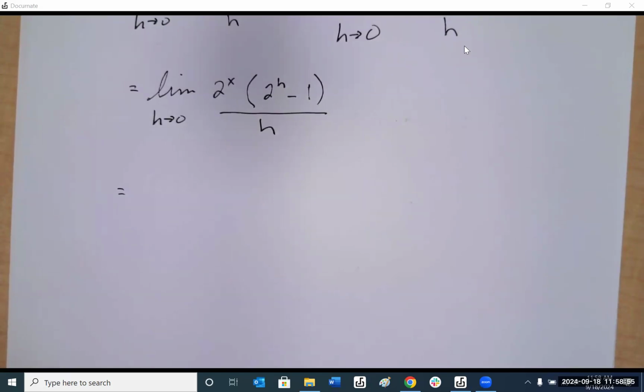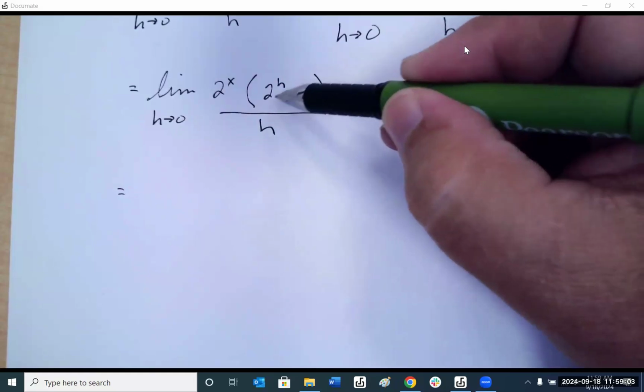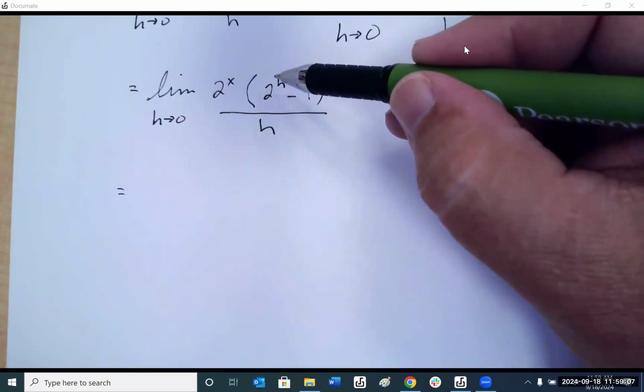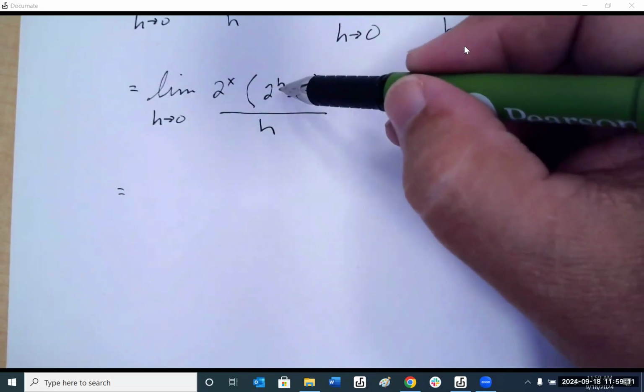If we just plugged in 0 for h, what would happen? 2 to the 0 minus 2 to the 0 is what? 1. Anything to the 0 power is 1. So I have 1 minus 1 is 0. 0 over 0.